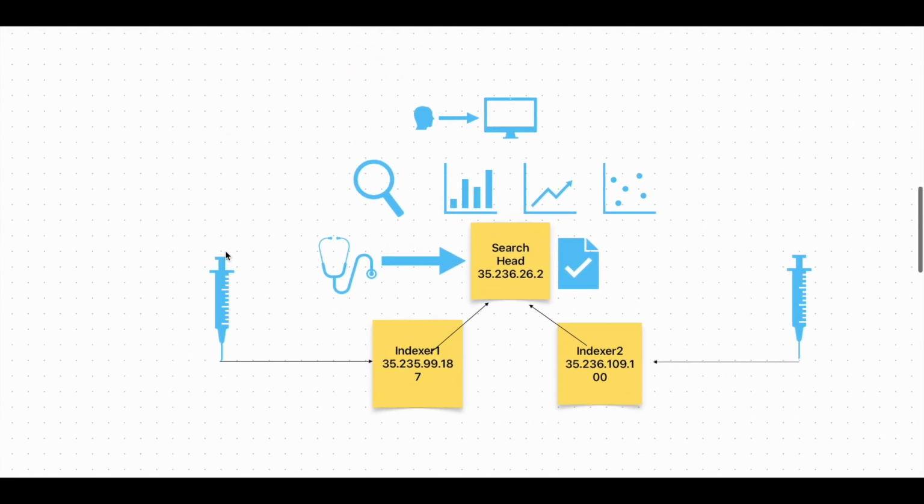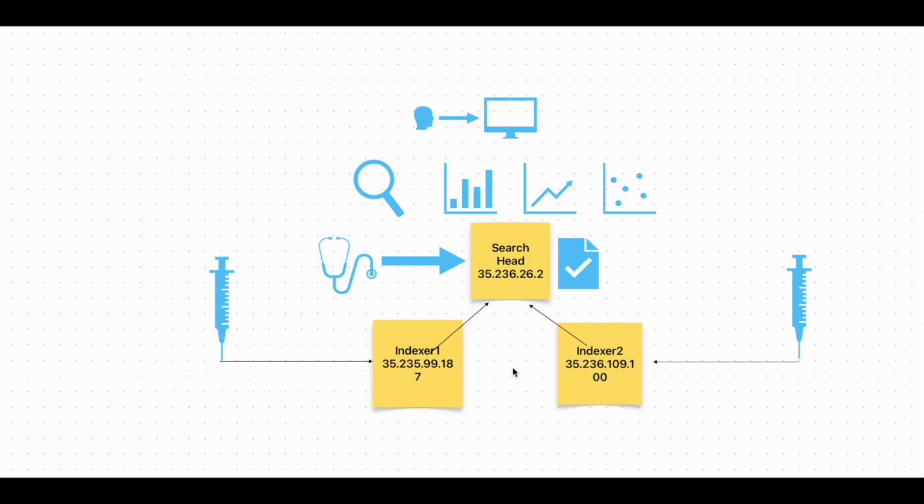This was the architecture diagram from my previous video of implementation of Splunk. It is a basic distributed environment where we have distributed the load of one indexing layer into two indexers. So we can clearly see there is one search head and two indexers.